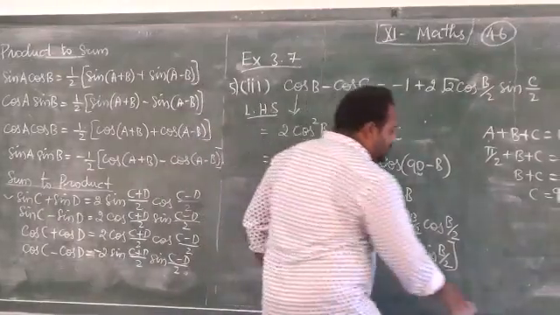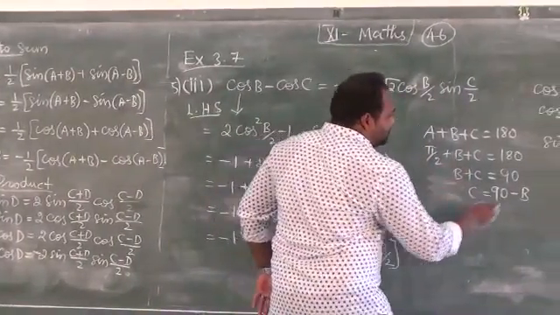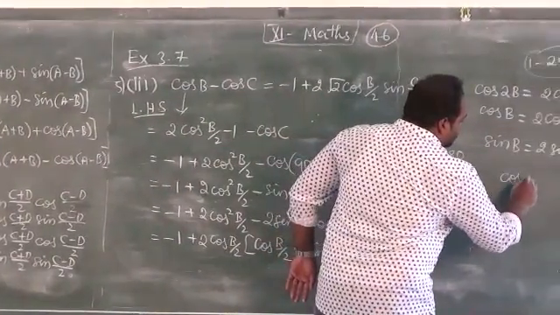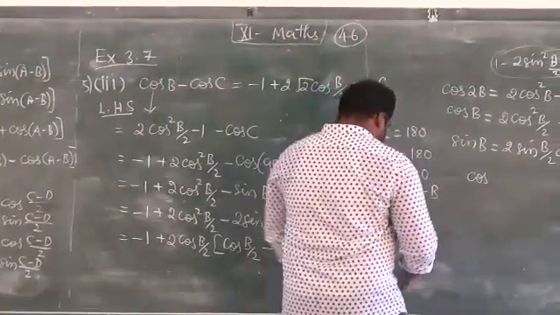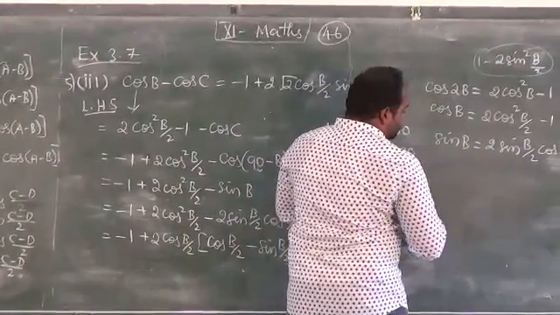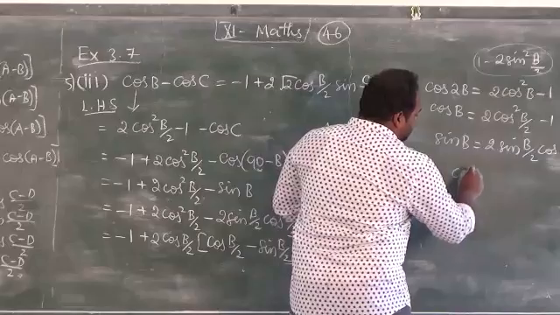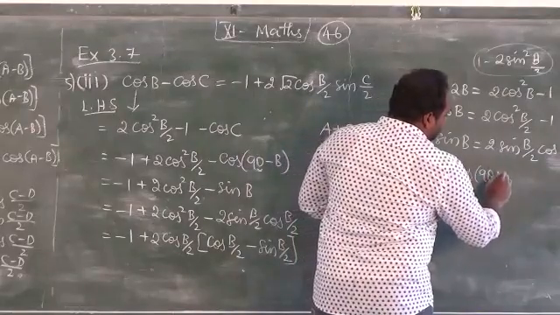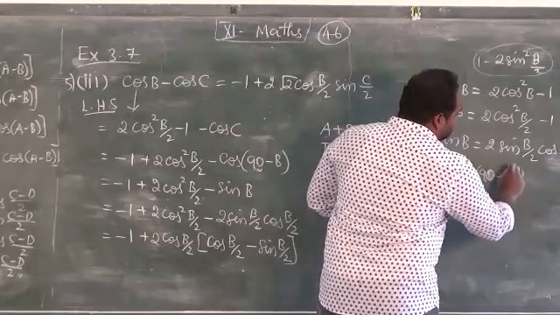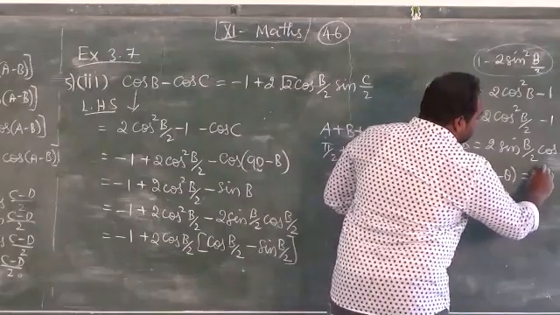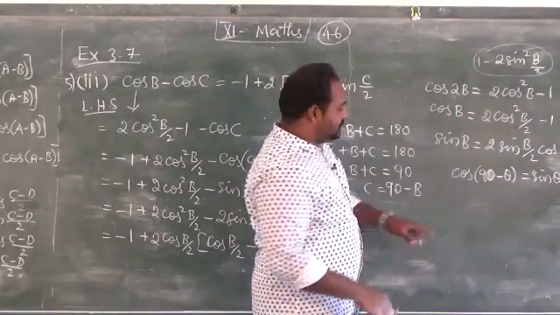How can we change into a cos function? We know this: cos of 90 minus theta we can write as sin theta. Am I correct?